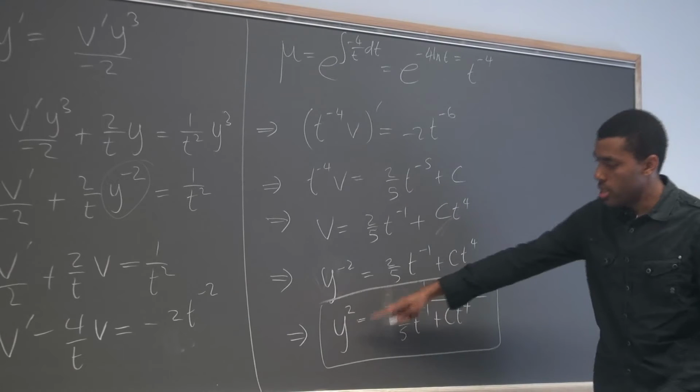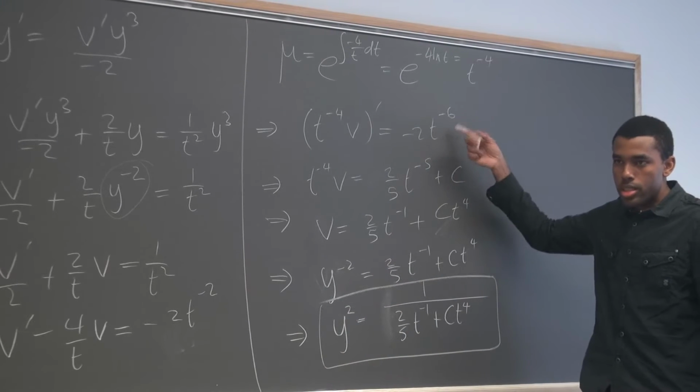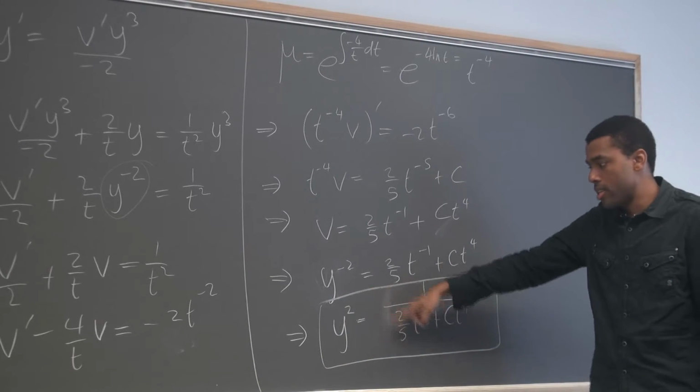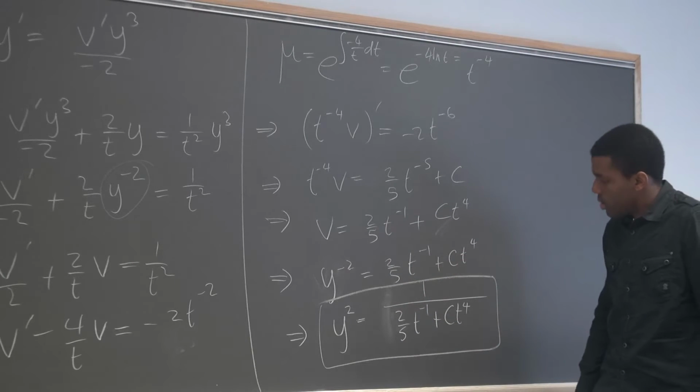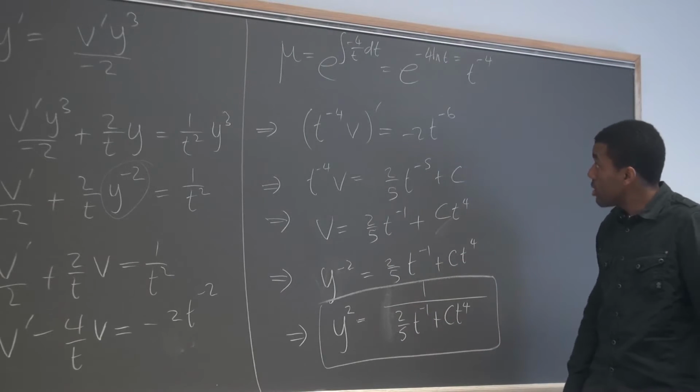I'm giving an initial condition where if the initial condition gives me a positive output, I can take the square of both sides, take the +1 or the -1. I think it's nicer to leave it like that.